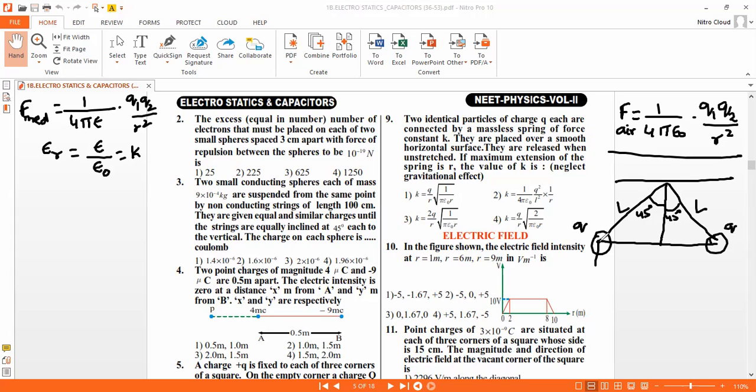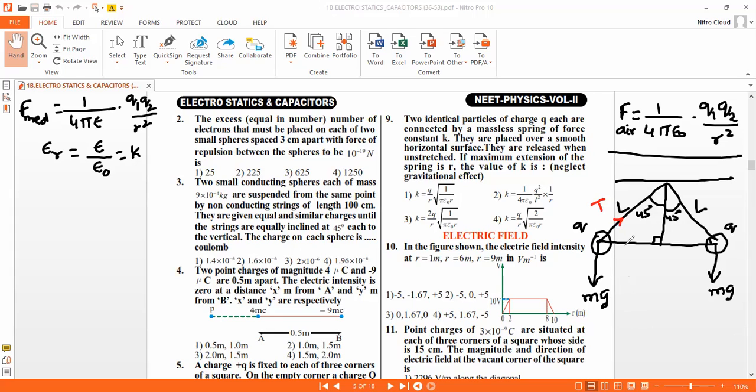Vertically downwards from the center of mass of each sphere, we have mg. Now you can see here it is 90 degrees. Let us consider that here we have a tension T.